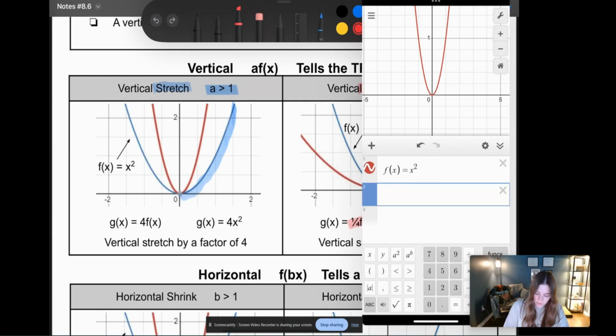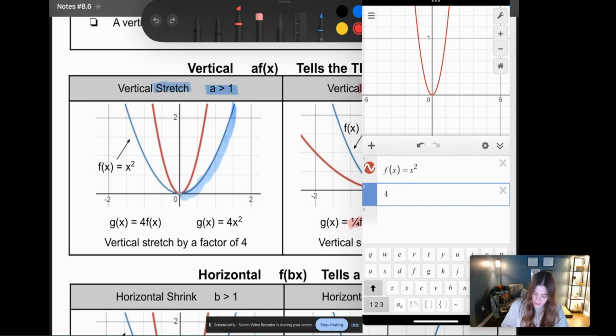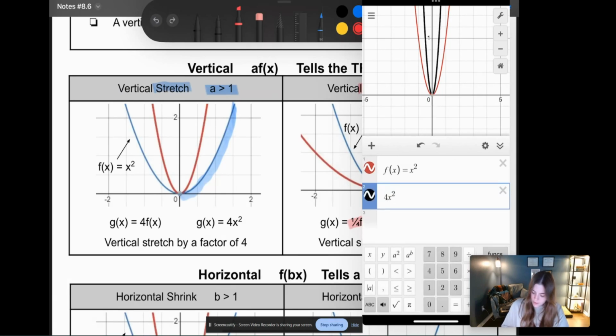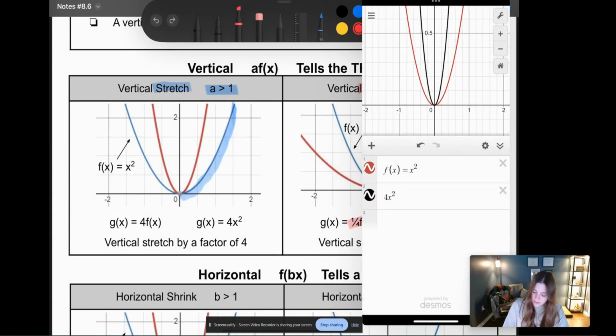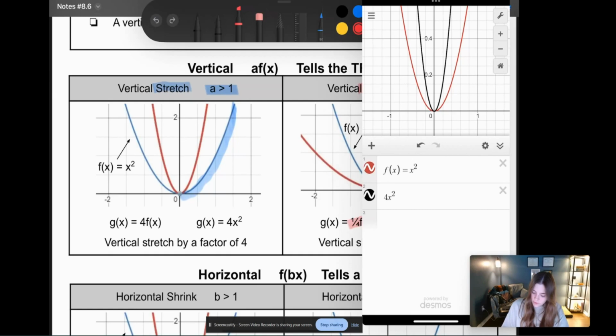So on this first one, a vertical stretch could be something like 4x squared. Take a look. It's a vertical stretch, right?